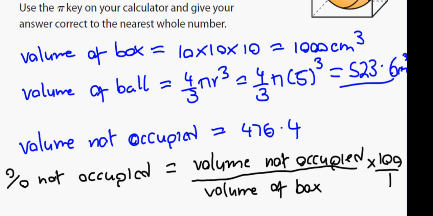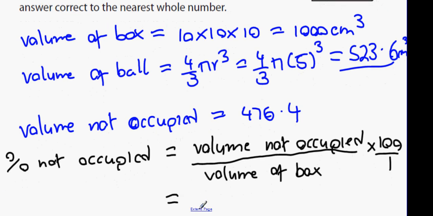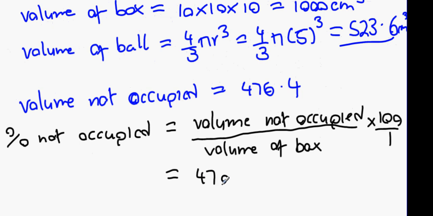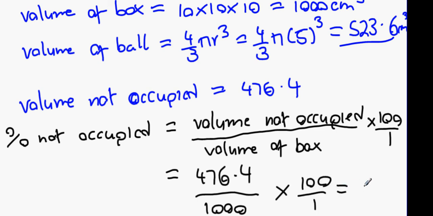So what numbers do I put in? 476.4 over volume of box, multiplied by 100 over 1. And what's the answer for that? Anybody get 47.64%? Alright, so 47.64%.